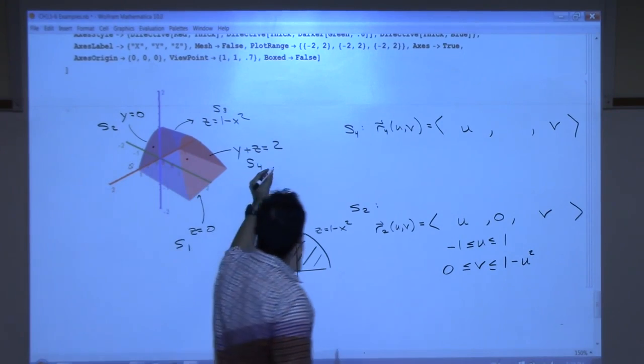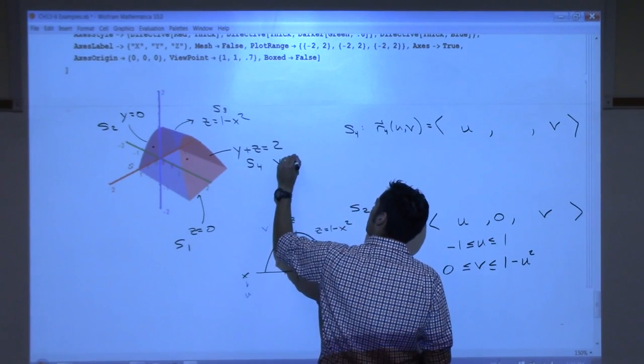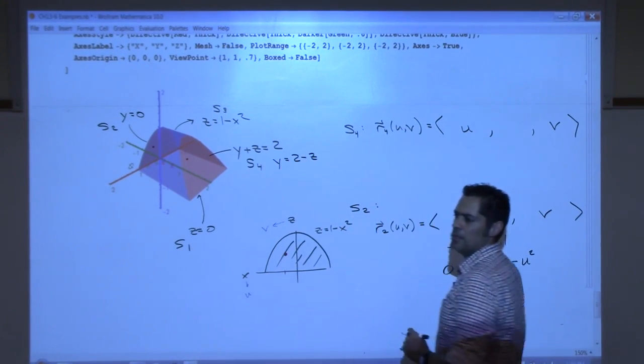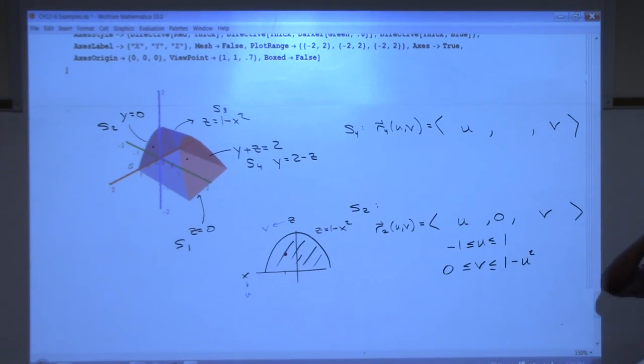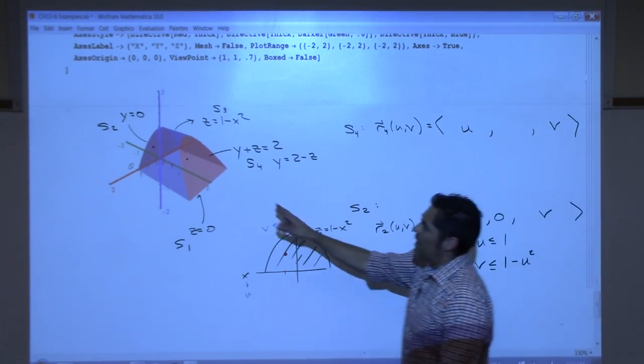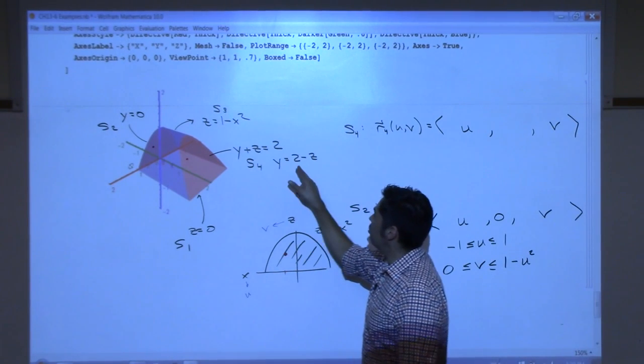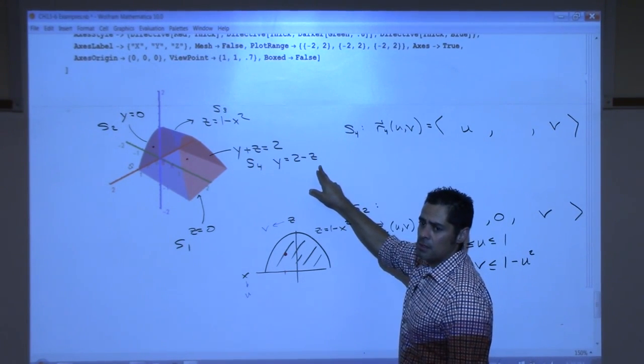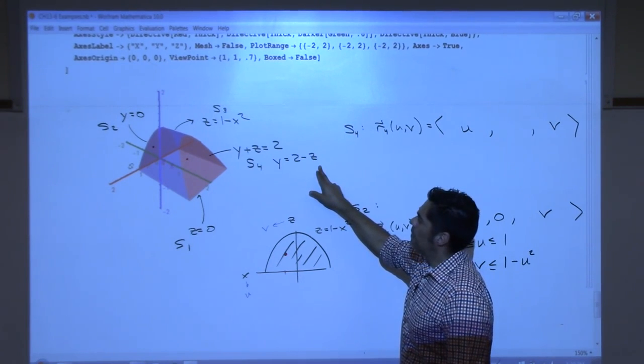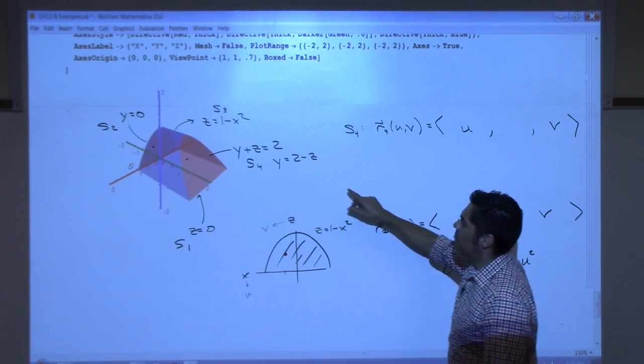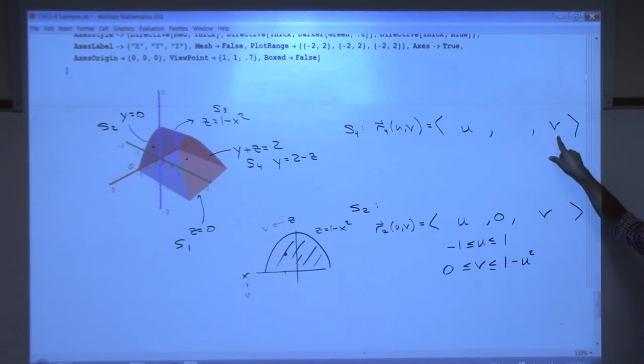If I solve for y, it is equal to 2 minus z, right? Do y'all see that? So if you're going to live on this plane, you've got to have the equation 2 minus z to live there. And I know the z coordinate, don't I? The z coordinate is my v coordinate.